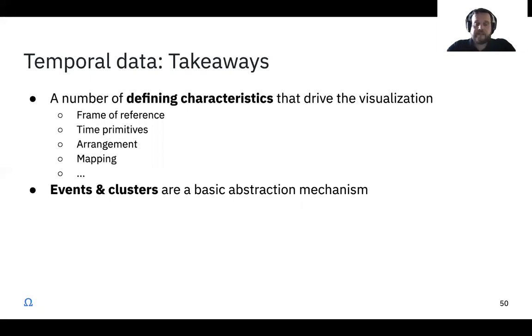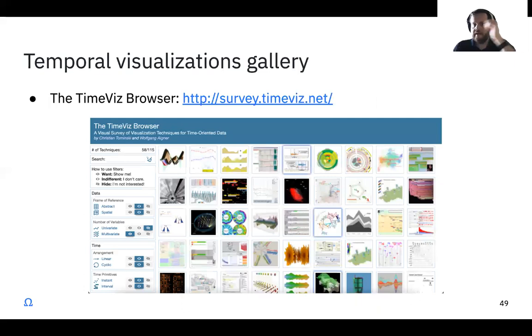And events and clusters are a basic abstraction mechanism, and you're supposed to let the user analyze meaningful values easily within your plot, whichever you decide. So basically, what is nice, that's the state, gradient, and rate.